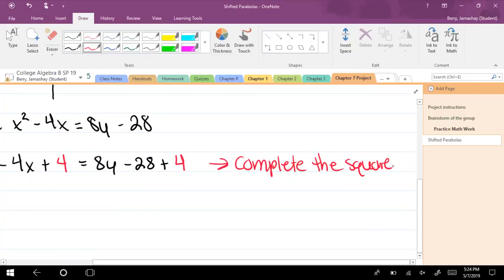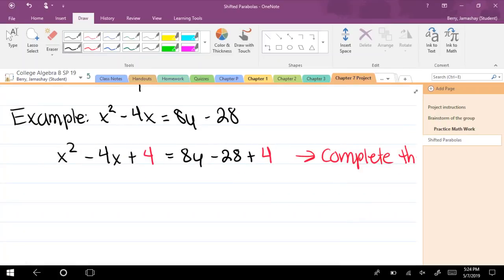Now, for the next step, you would have to make it the perfect square. To make it the perfect square, you would have to do these two and find the perfect square of those, which would be x minus 2 squared.